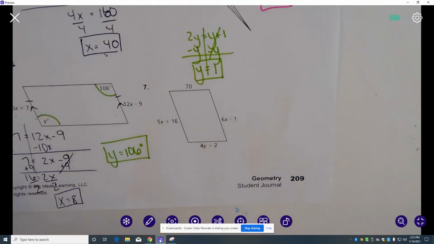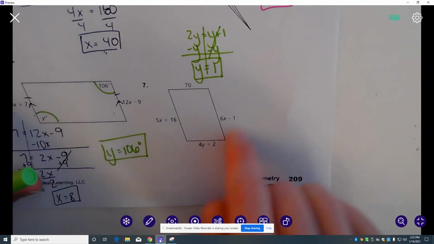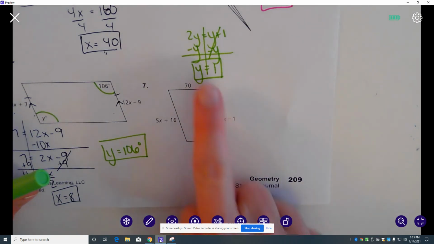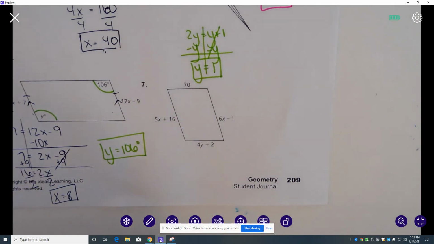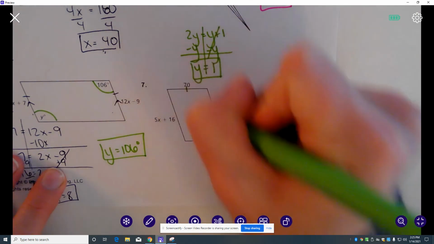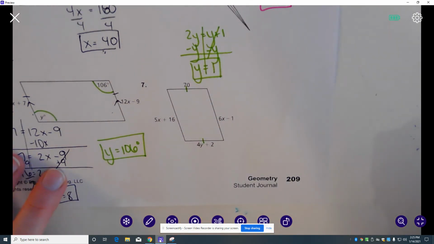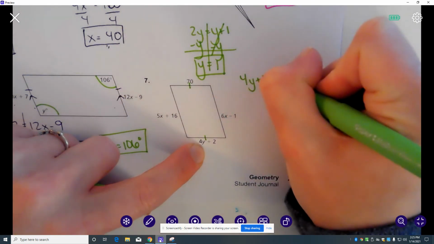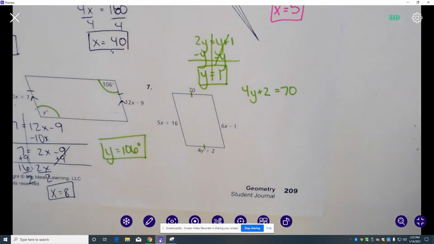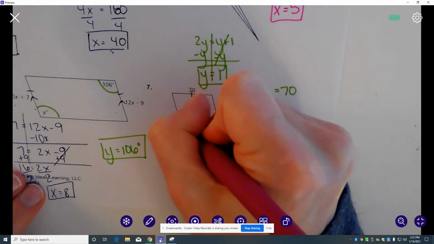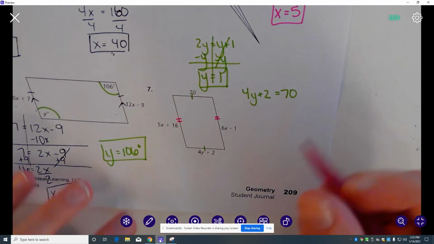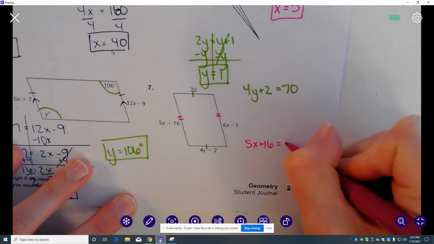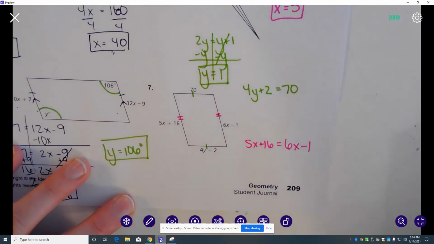In our very last problem, in this particular quadrilateral, they give us information about side lengths. We know that in a parallelogram, opposite sides must be congruent. So 4y plus 2 must be equal to 70. These two opposite sides must also be congruent. So 5x plus 16 must be equal to 6x minus 1.